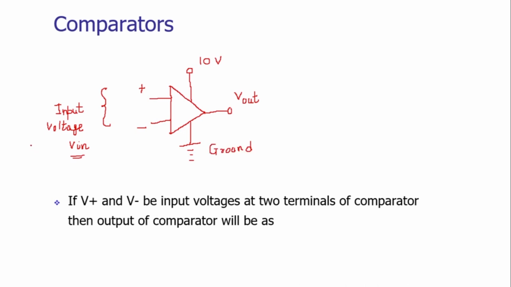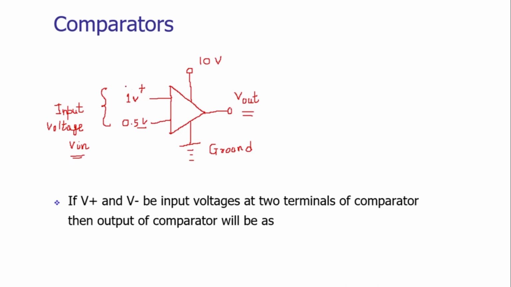Now what the comparator does, it compares the voltages which are applied at these two terminals and it gives the output. If I am applying 1 volt at the positive input terminal, that we call the non-inverting terminal, and 0.5 volts at the inverting terminal, the comparator compares these two values.